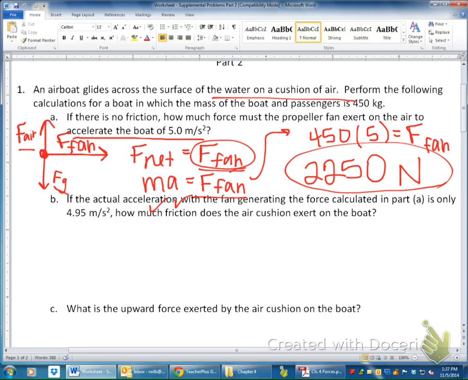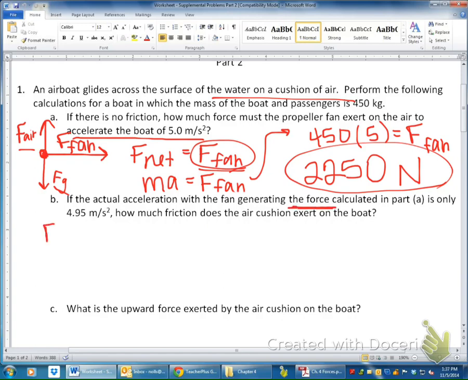The second part says, if the actual acceleration of the fan generating the force calculated in part A is only 4.95 meters per second squared, how much friction does the air cushion exert on the boat? Okay, so now we take into account a frictional force. We're saying that we're going to keep that same net force.